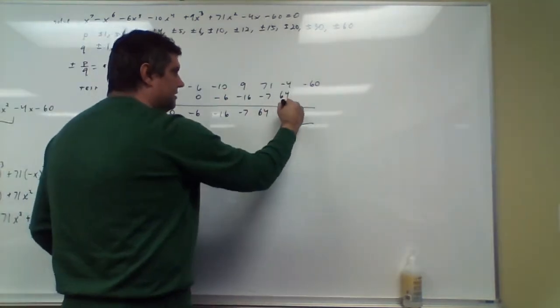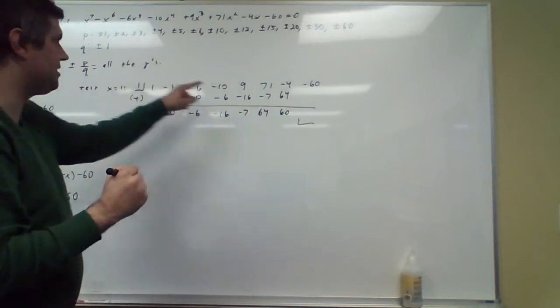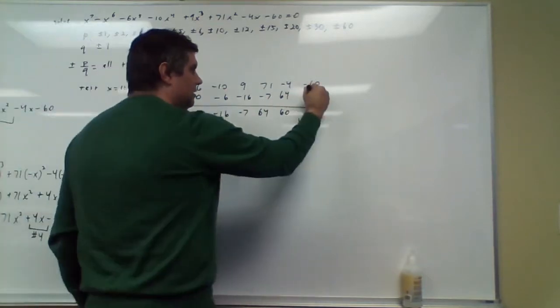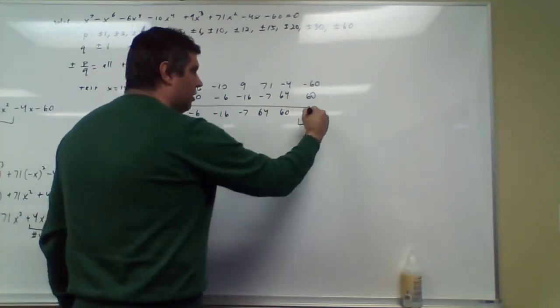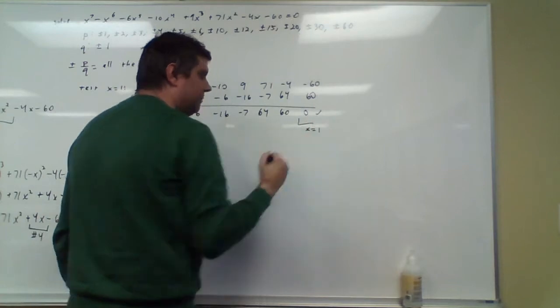That's going to be 60. 1 times 60 is 60. That's 0. So that's what we need, x equals 1.